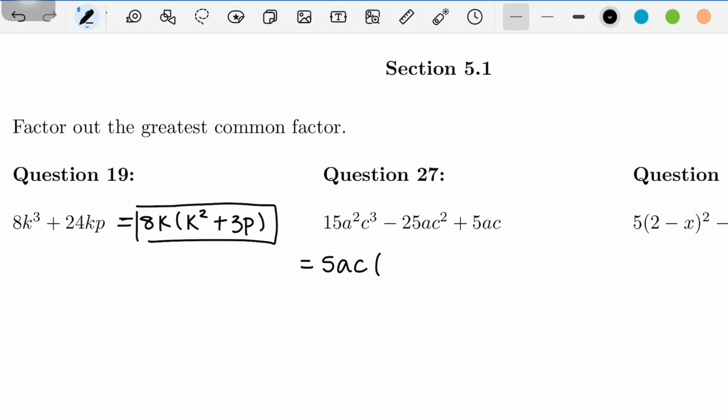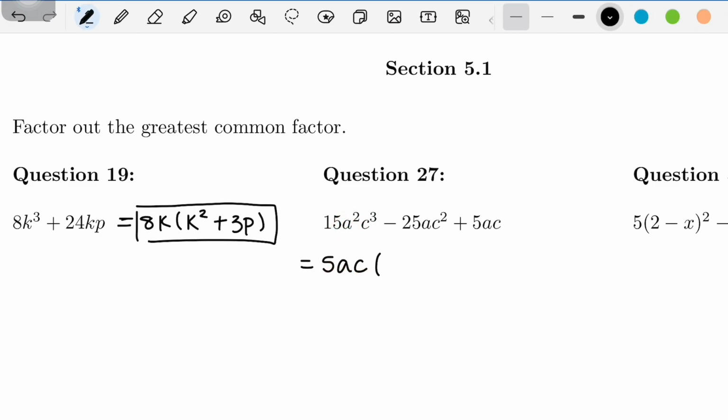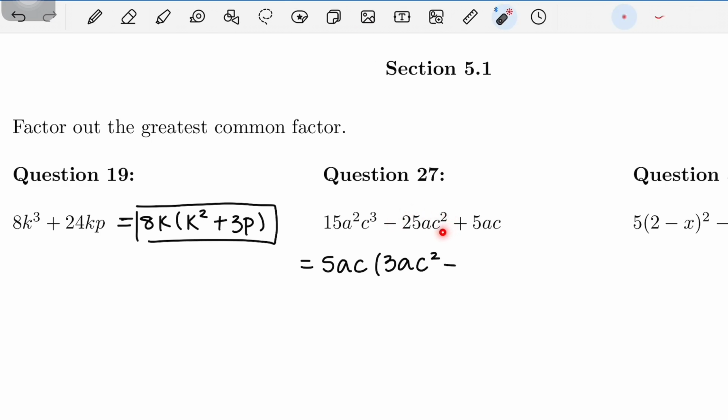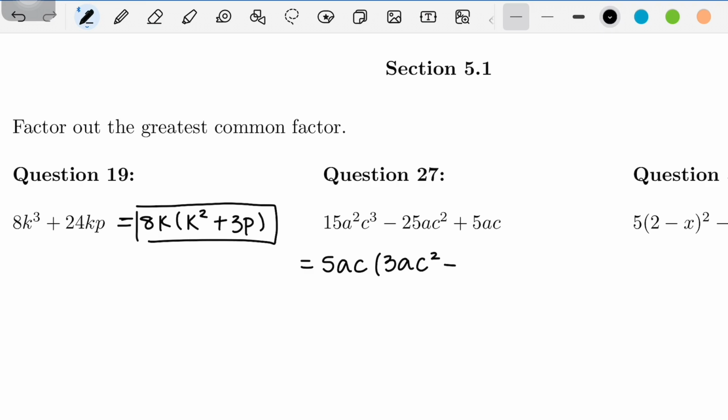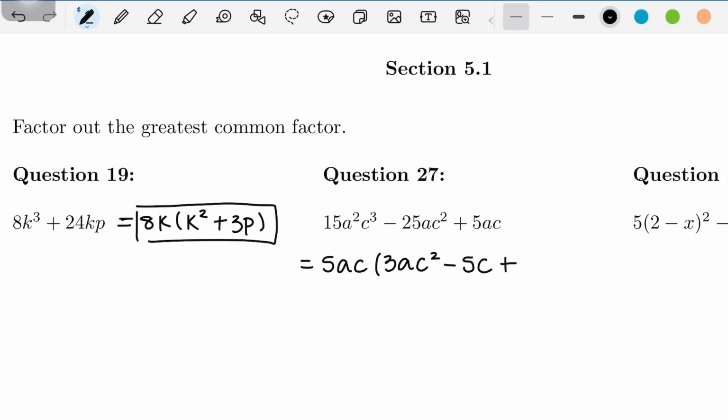Doing so, for our first term here, we're pulling out a 5ac. We're going to be left with a 3ac squared. For our second term, pulling out a 5ac from this guy, we're going to be left with a minus 5c. And then lastly, if we pull out all of this guy, so 5ac from this guy, we're just going to be left with 1.